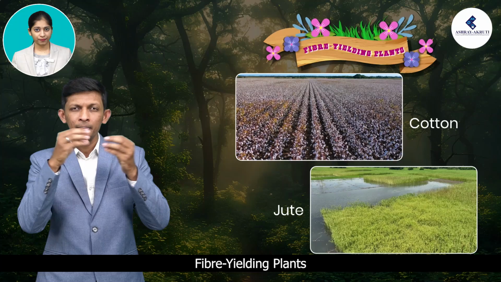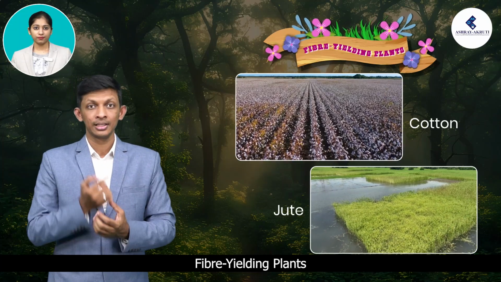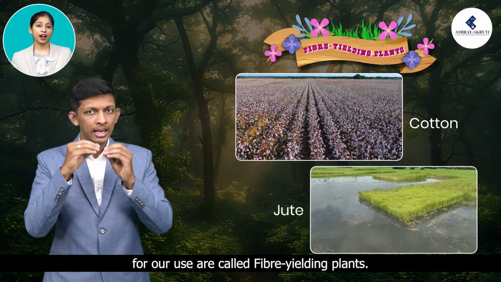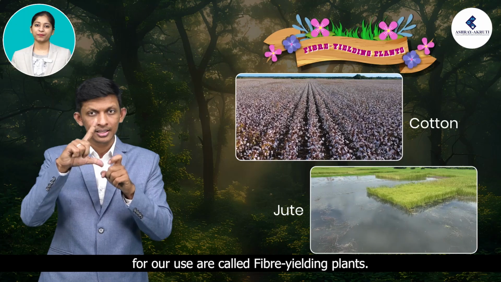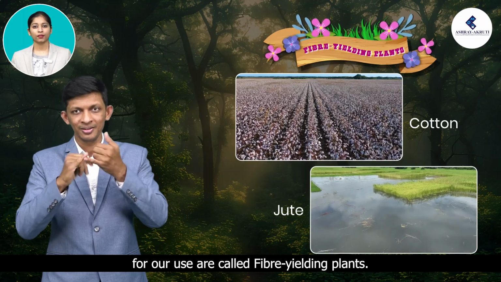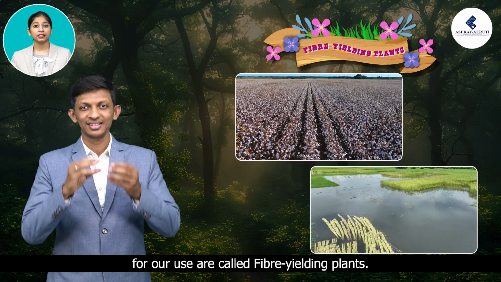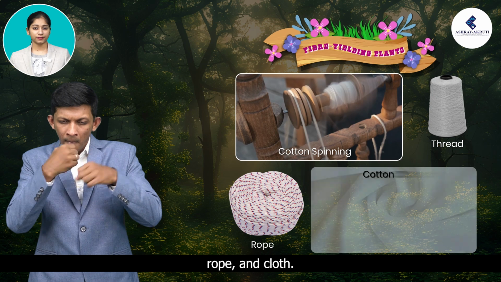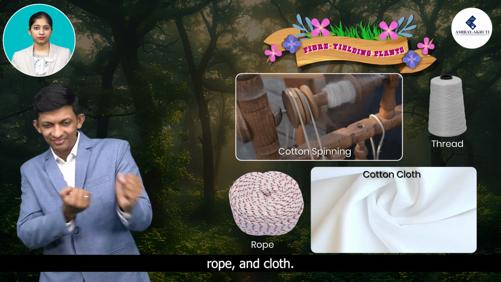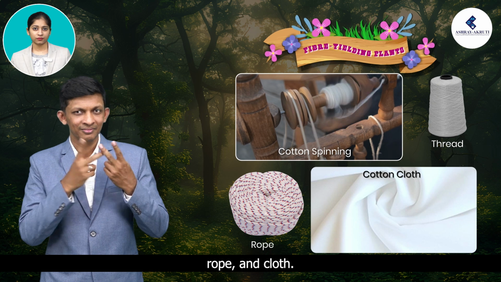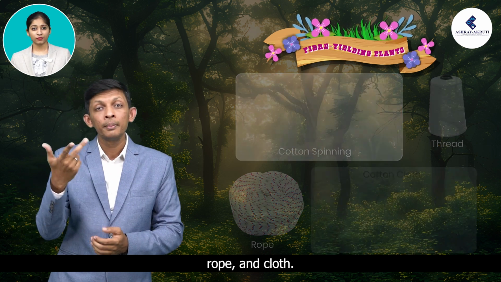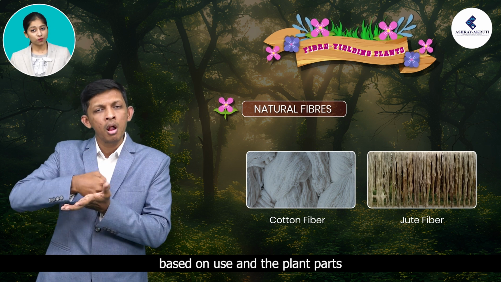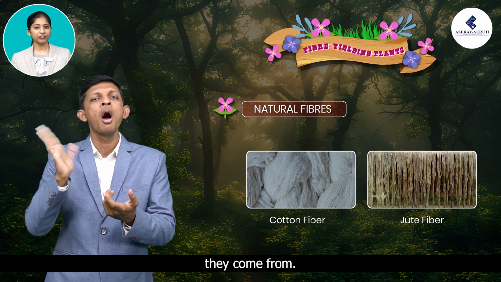Fiber-yielding plants. Plants that provide fibers for our use are called fiber-yielding plants. These fibers can be spun into thread, rope, and cloth. They are called natural fibers and can be classified based on use and the plant parts they come from.